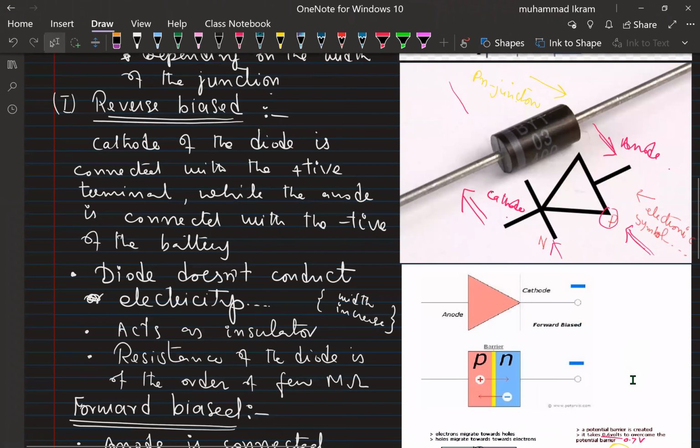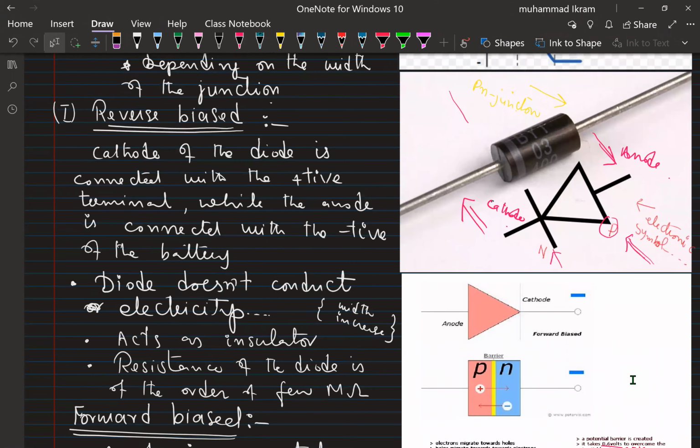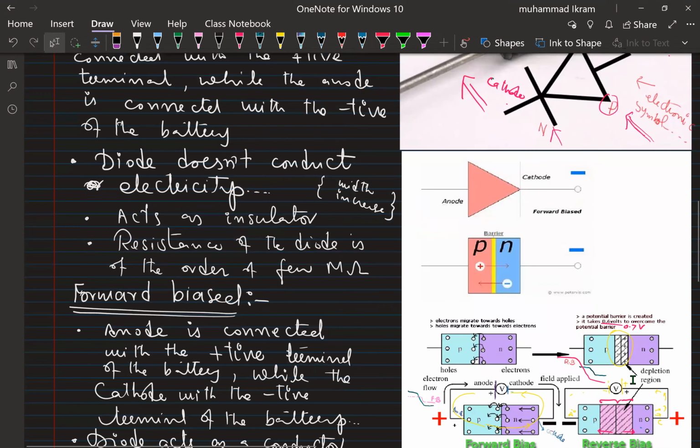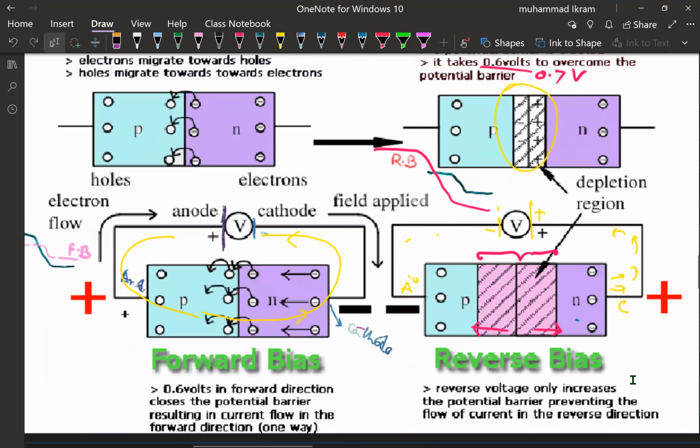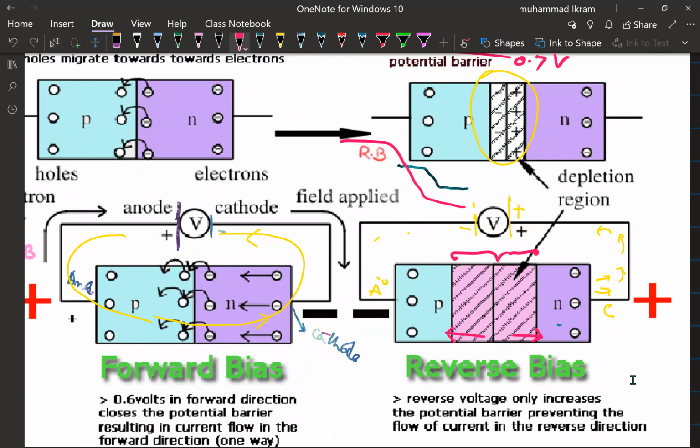This is a kind of condition where the cathode of the diode is connected with the positive terminal of the battery, while the anode is connected with the negative terminal of the battery.